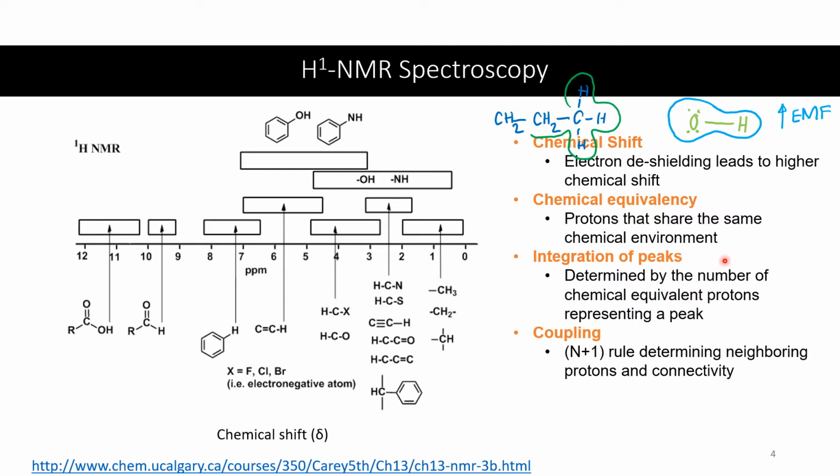You have the total number of protons, and based on the ratio you can decide how many protons are represented by each peak. Then the coupling rule, that is the n+1 rule, helps us determine how many neighbors are next to a group of chemically equivalent protons.